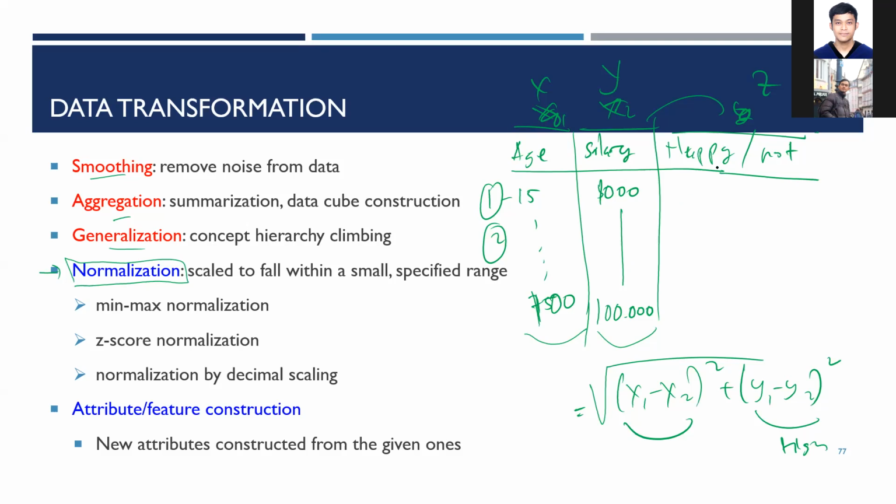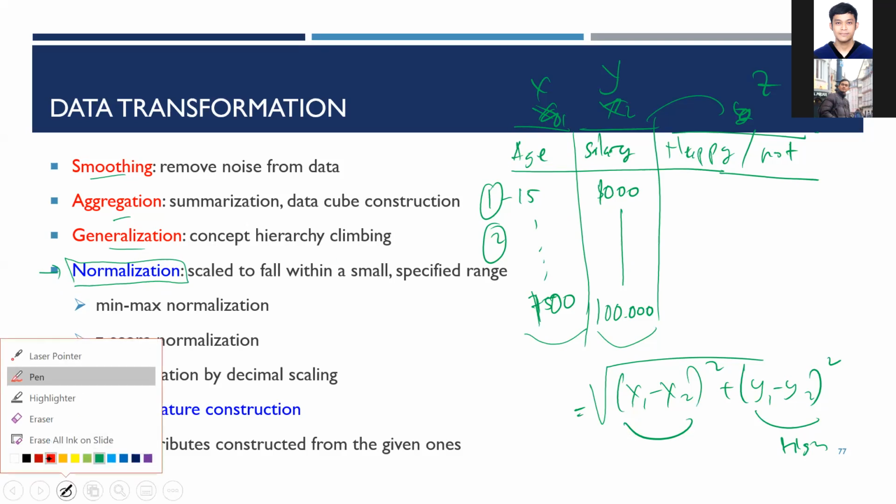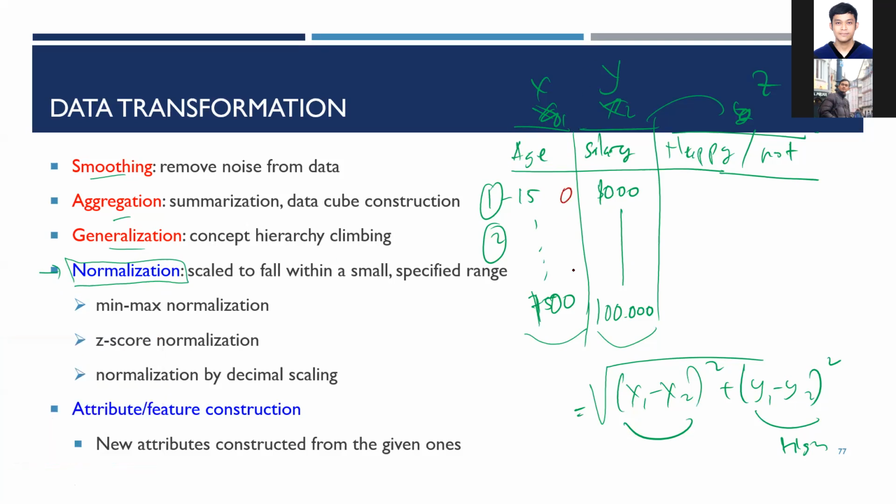Okay, so how to deal with this case? We can do normalization. With normalization, all of these attributes will have the same range. Let's say all of them will be transformed into 0 to 1. Salary also from 0 to 1.